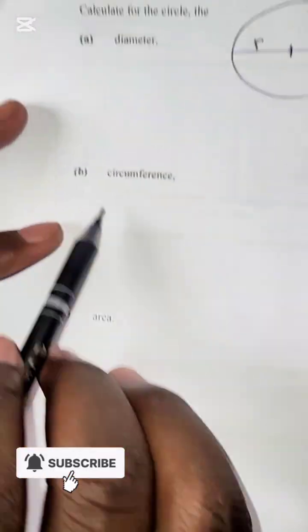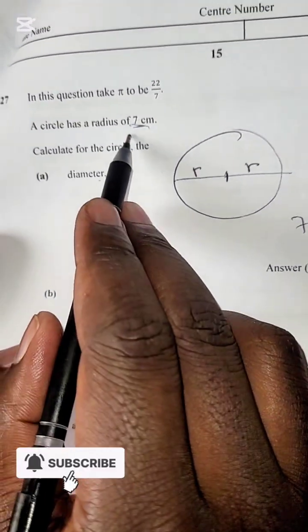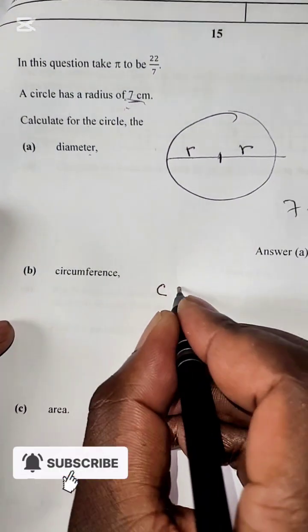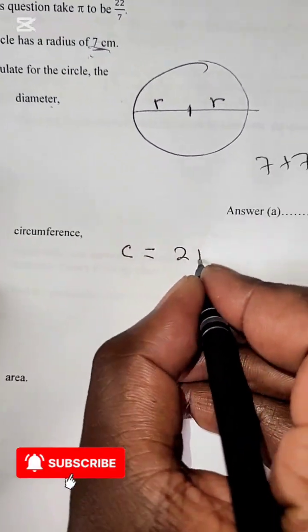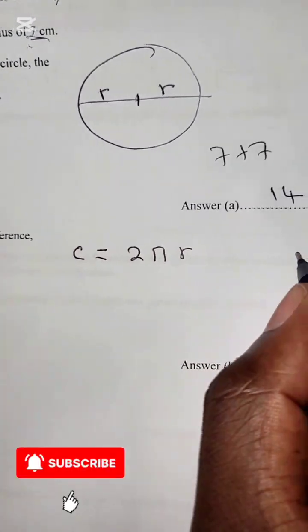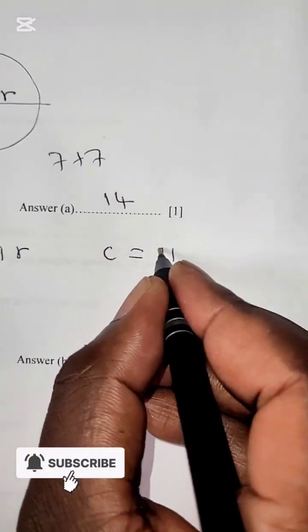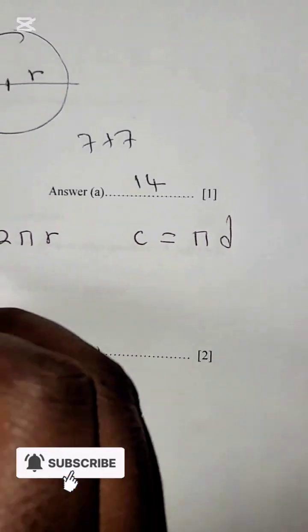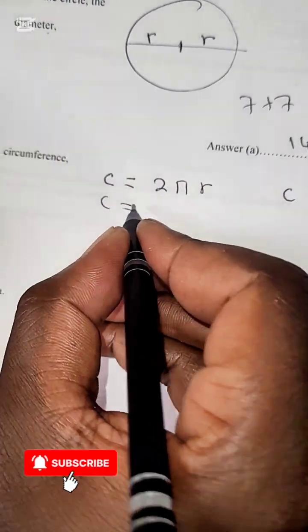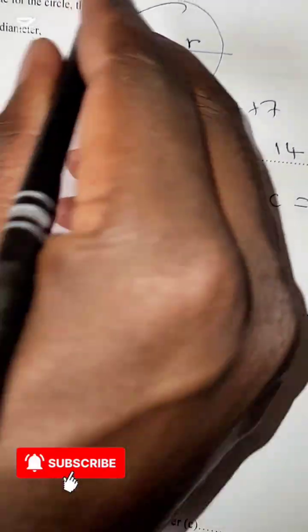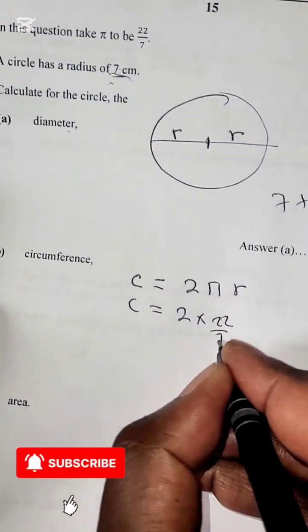Circumference, we want to find the circumference of a circle. Right, so we are given the radius. So circumference is equals to 2 pi r, or we can use circumference is equals to pi diameter. Okay, so c is equals to 2 times pi, 22 over 7.